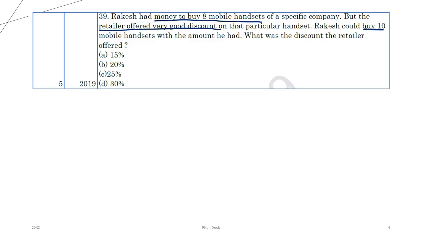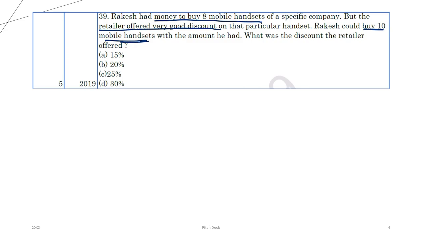Now, let's imagine a scenario where you take 100 rupees with you, and you know that a packet of chips costs 10 rupees. You go to the market, and for that 100 rupees, 100 divided by 10, you will get 10 chips only, right? Now, when you reach the market, you find out that there is a discount on the chips.